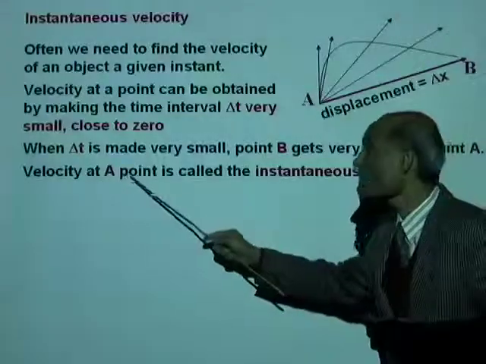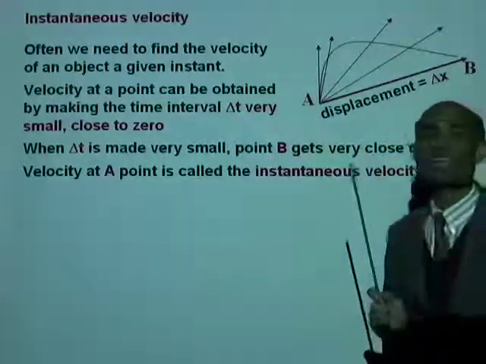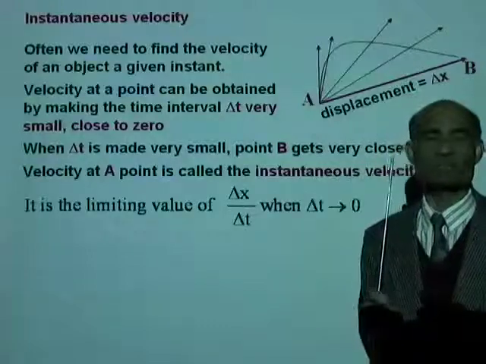So velocity at the point A is called the instantaneous velocity.